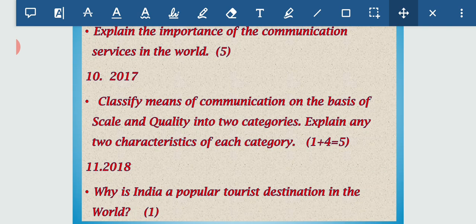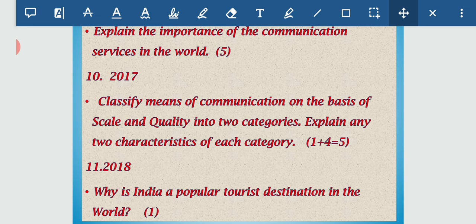Next, 2018: why is India a popular tourist destination in the world? India is a popular tourist destination, number one, because of its diversity in physiography. Number two, it has also developed as an important medical tourist spot.